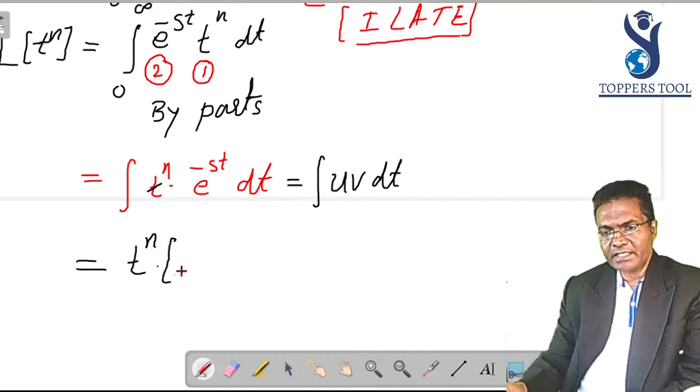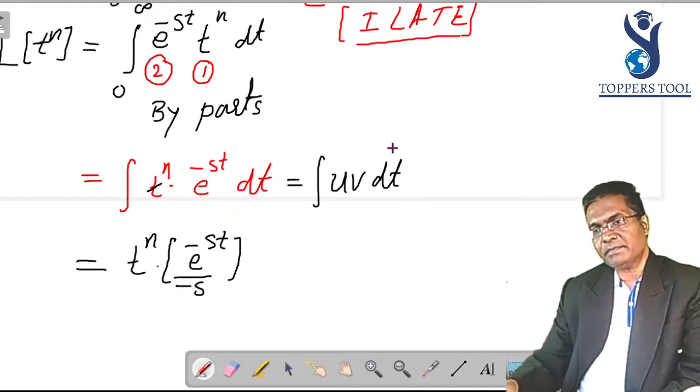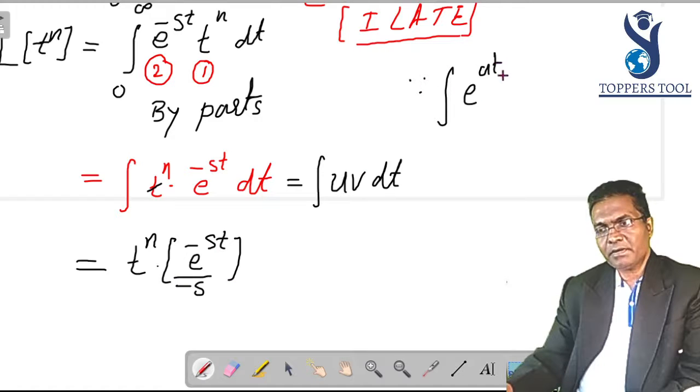Integration of second is e power minus st by minus s. Remember this: integration of e power at with respect to t is e power at by a.